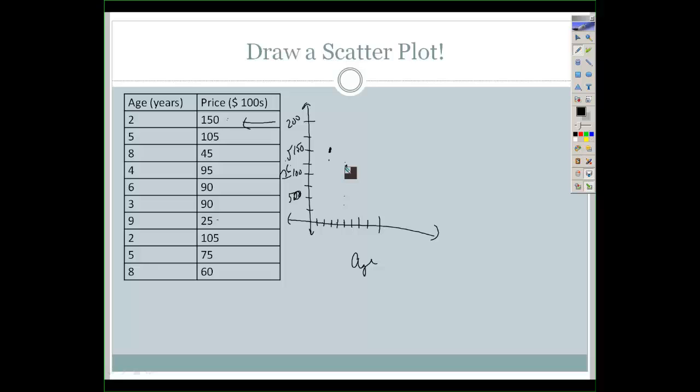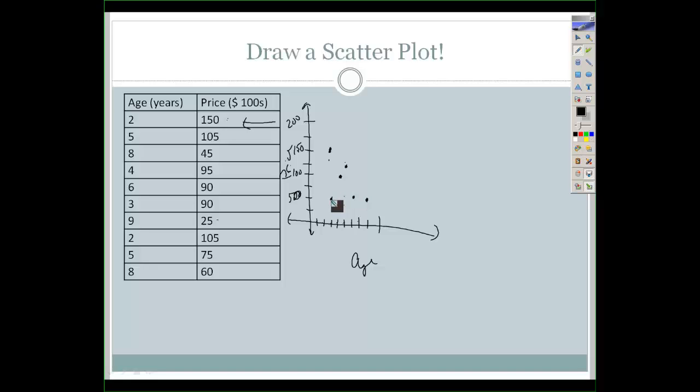Then 8, 45. 2, 3, 4, 5, 8, 45. Then 4, 95. Then 6, 90. Go right up to about there.